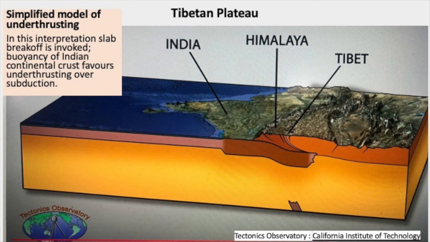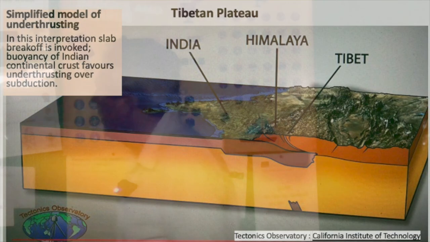The downgoing plate or slab in the subduction zone has broken off, and it's partly because what you're trying to force down is continental crust, not oceanic crust, and it's relatively light. So you've got break-off there, and you've got under-thrusting of the Tibetan plateau.